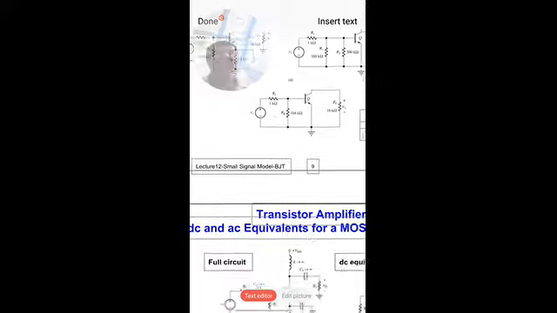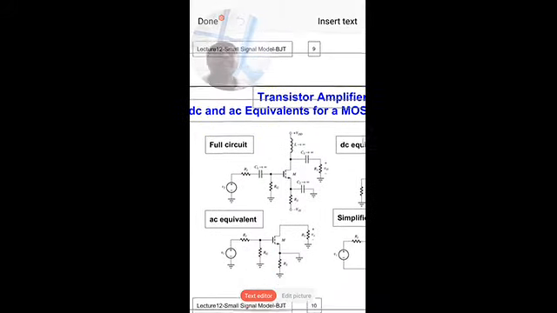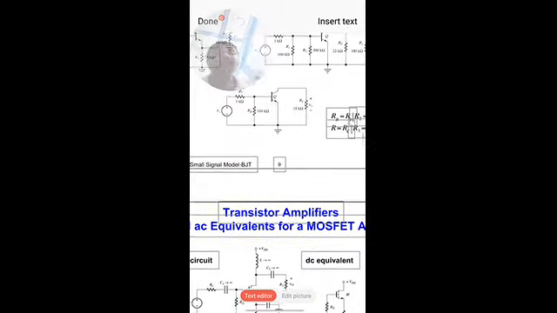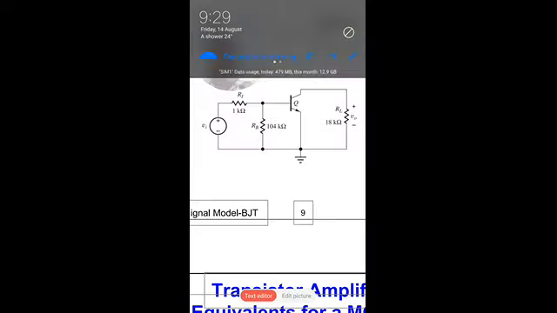Then in the third step, the transistor is placed here. This is the simplified AC equivalent circuit.